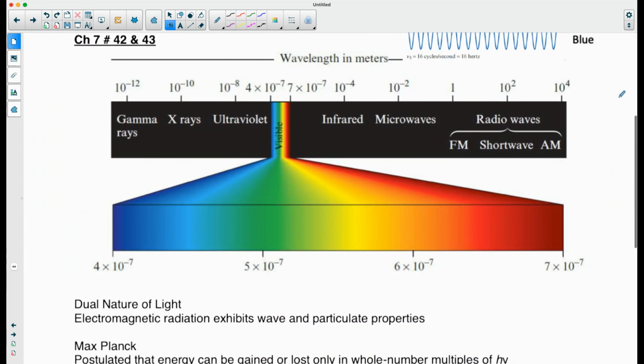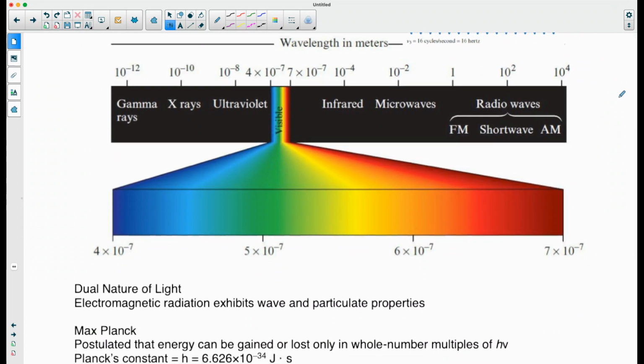So now to continue to talk about the nature of light, this is just another useful way to look at and break down the different wavelengths in meters. Again, remember that we said visible light is going to be in the 400 to 700-ish nanometers range.